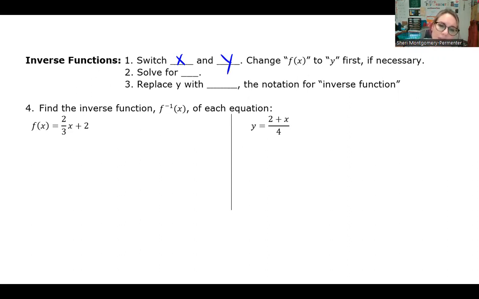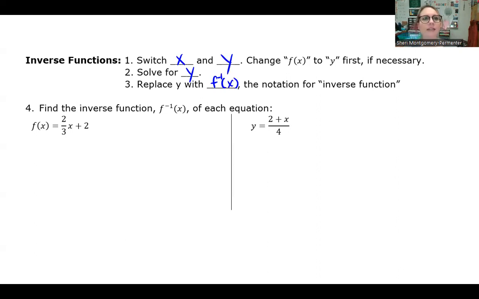The second step is to solve for y. And then last, it's not really doing anything. It's just replacing y with the notation for inverse function, which we used on the front. It's the f of x, but there's a little -1. It's like a little exponent. It's a tiny -1.